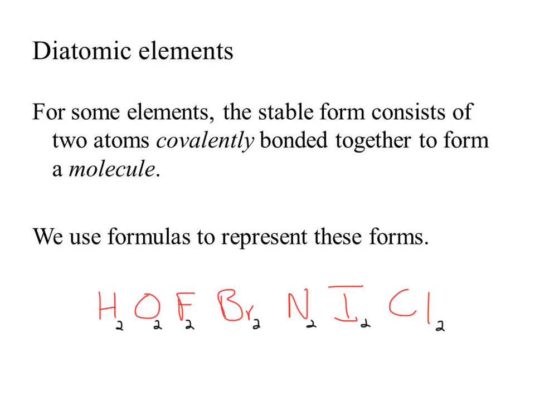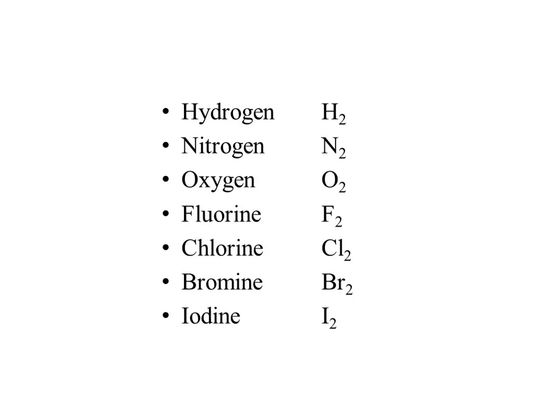When we get going and writing chemical reactions with these elements, whether these are the ingredients or these are formed from our chemical reaction, you're always going to see them written with a little subscript 2. So here they are. These actually are in order of increasing weight, from the lightest to the heaviest.